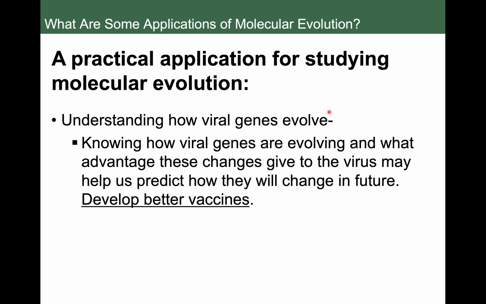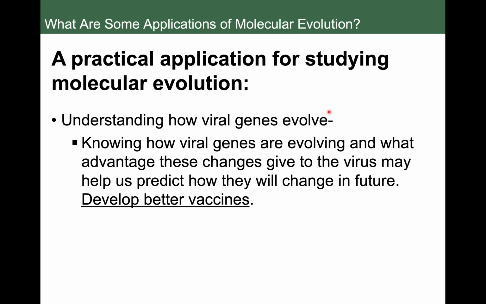pertinent right now, where we're in the middle of the COVID pandemic, is using molecular evolution to try to understand how viral genes and genomes are evolving. So, of course, viruses actually change their genomes and evolve very rapidly. Typically, viral genomes are copied by RNA polymerase instead of DNA polymerase, because a lot of viruses have RNA genomes.